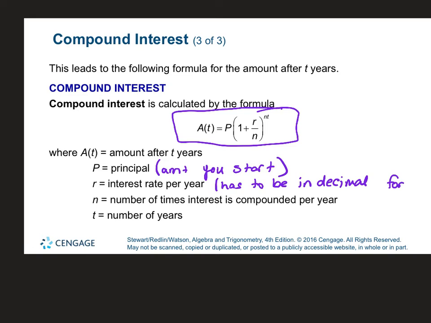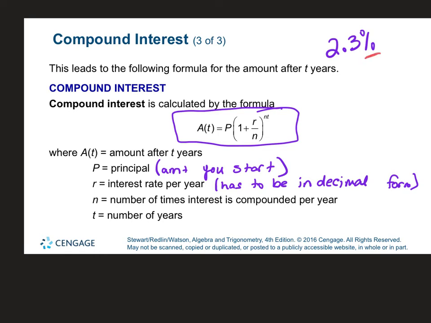And the reason this is really important, guys, if I tell you that an interest rate is 2.3%, is that in decimal form right now? Yes or no? Is there a decimal in this? Yes. But is this in decimal form?